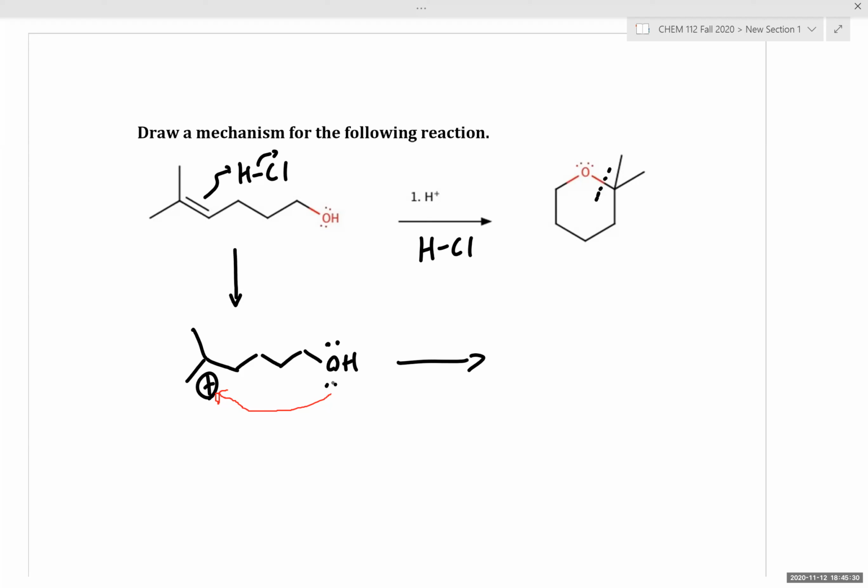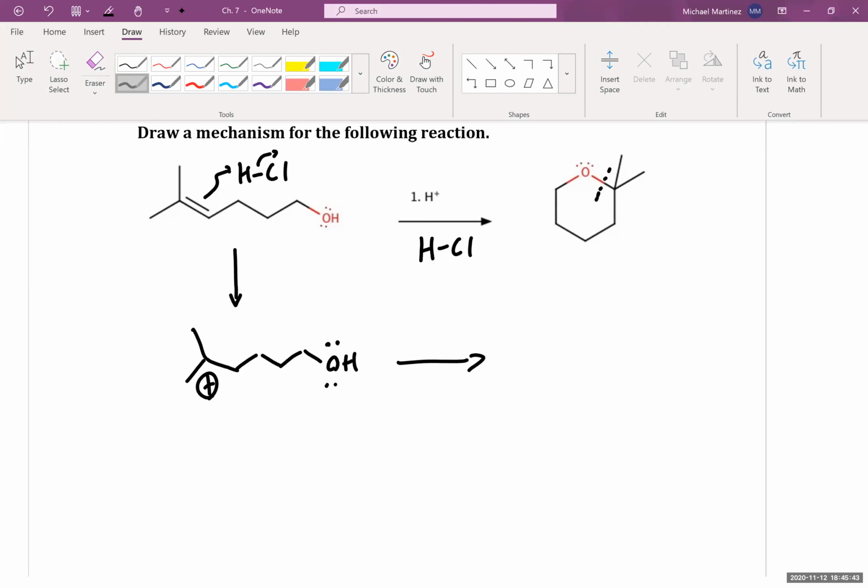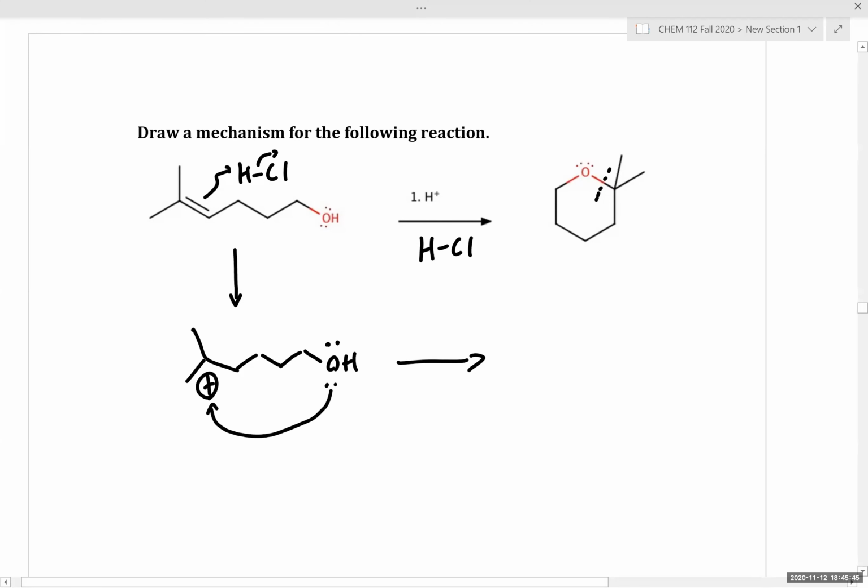Yep, exactly right. So after the attack of our carbocation by our alcohol, we're left with the following intermediate, a protonated alcohol.